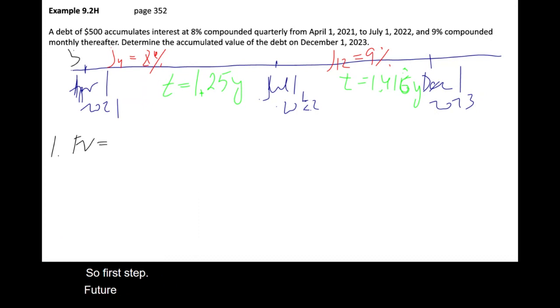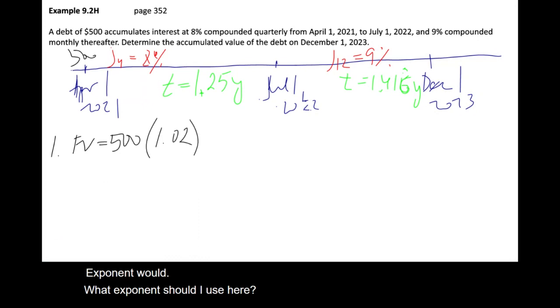Future value is 500, it sits right there. 500 times 1.02 with an exponent. What exponent should I use here, guys? 5.